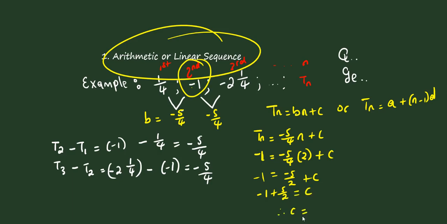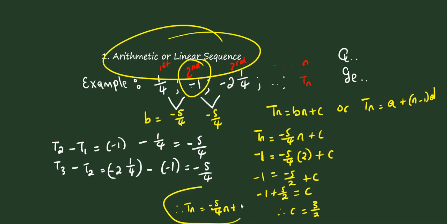Therefore c is 1.5, which is 3/2. Therefore tn equals -5/4 n plus 3/2. All right, that is the general term.